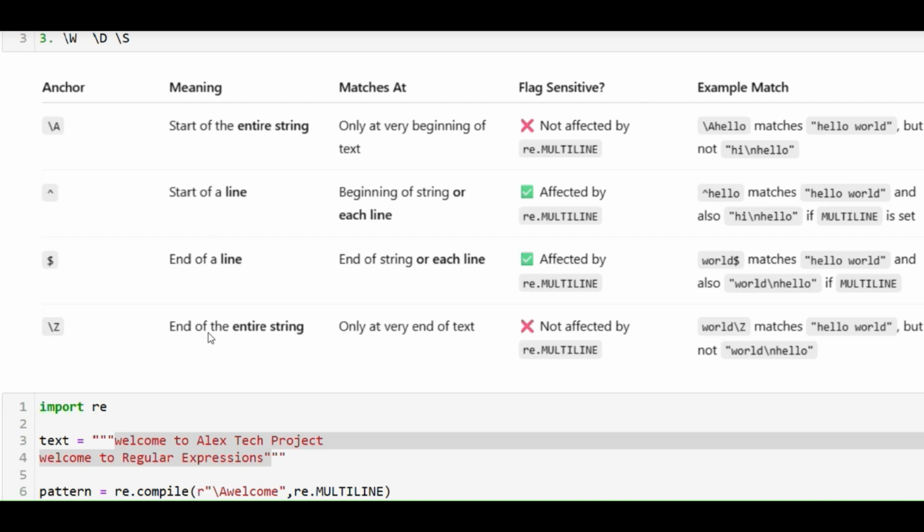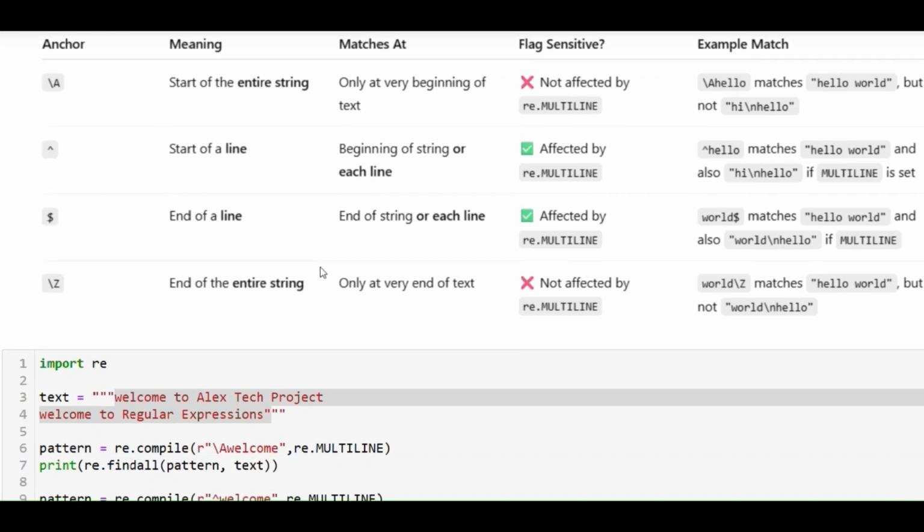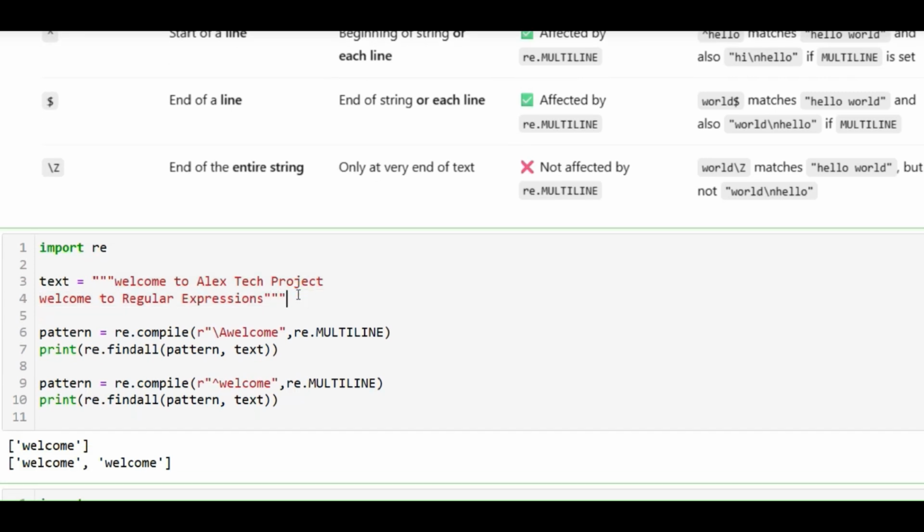If you have only one line, then there is no difference. If it has multiple lines, then only we see the difference, if and only if you have enabled re.MULTILINE. If you didn't enable re.MULTILINE, both outputs will be the same.